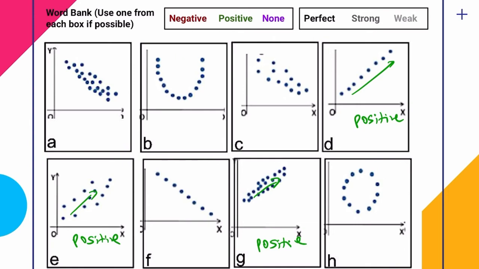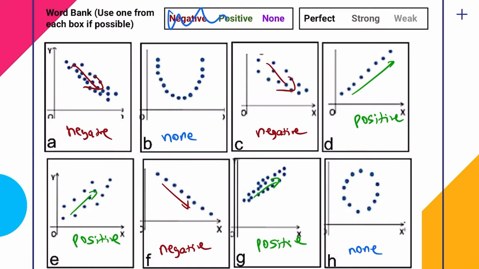What would those be from the ones that are left over? Negative are the downhill ones. So that would be F, A, and C. Now the graphs that don't have a negative or positive correlation, we'll just say there's no correlation. Those are none.